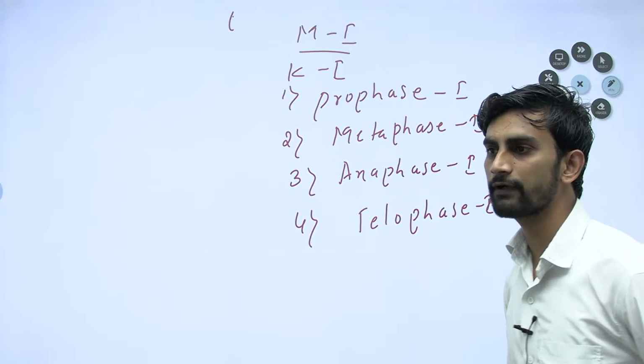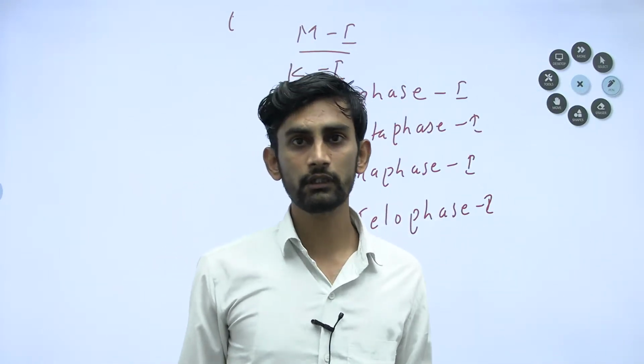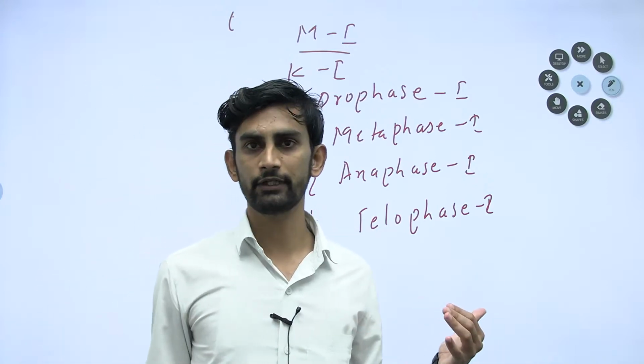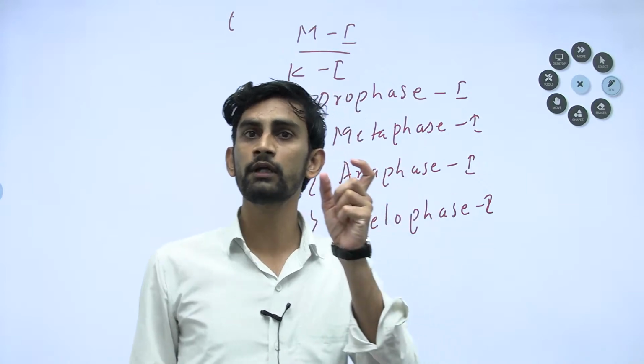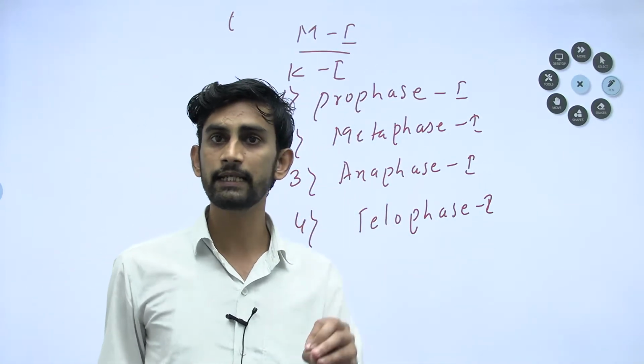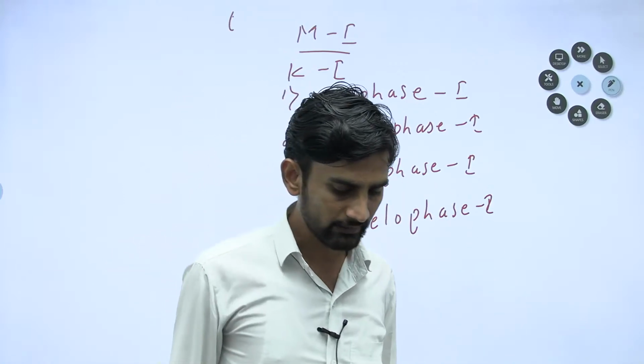Here we will also find interkinesis. We call it interkinesis because it is the division process between meiosis 1 and meiosis 2. Before that, one more interphase we will find, before starting meiosis 1. That interphase involves only a prolonged S phase. Why a prolonged S phase?